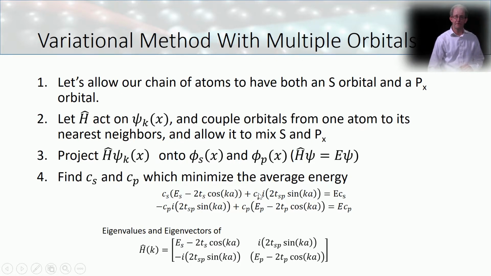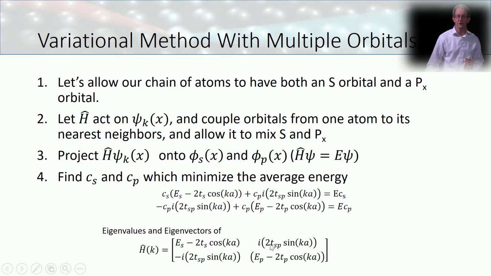And so this comes down here in this matrix element. So this is c sub p. This is all how much we're getting from c sub s. And then we have how much, this should be this one down here, so we have c sub p. And then we can look at the second column vector, and this is the same thing, but now we're looking at how much it projects onto the p orbitals.